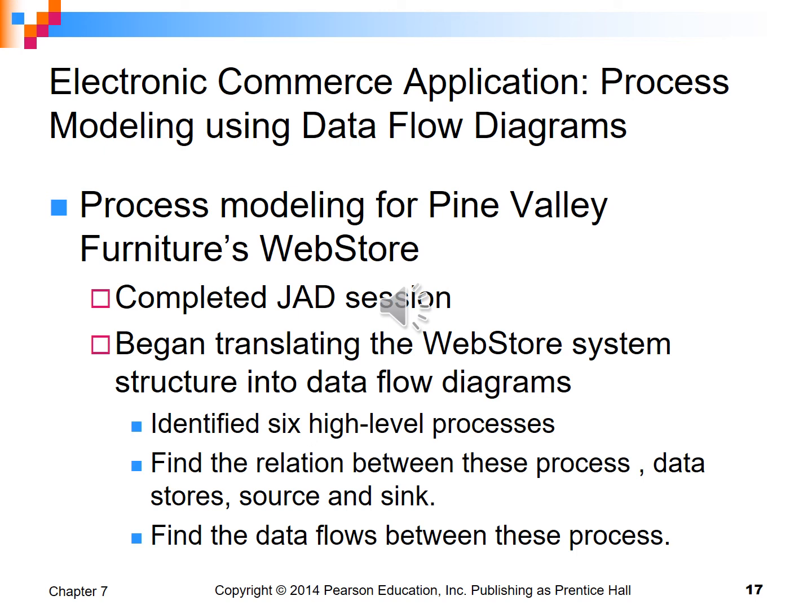Find the relation between these processes, data stores, and sources and sinks, and find the data flows, which are really the relation between them: which process calls the other one, what parameters you send, whatever, and all are represented in the data flow.